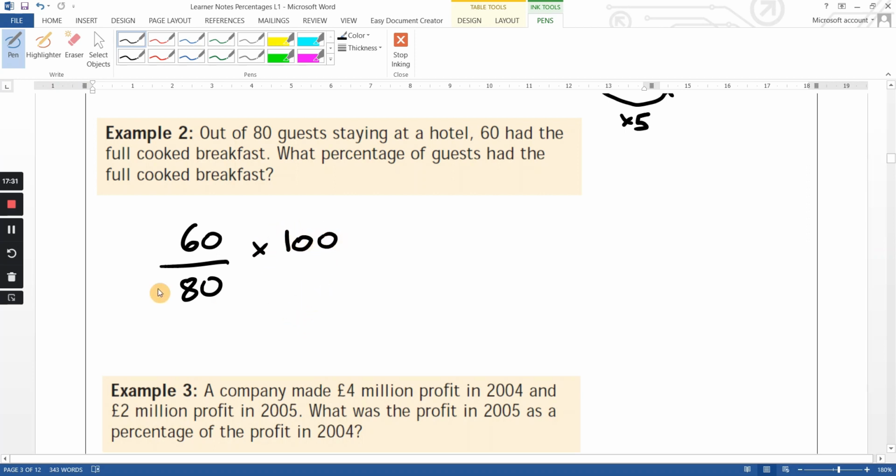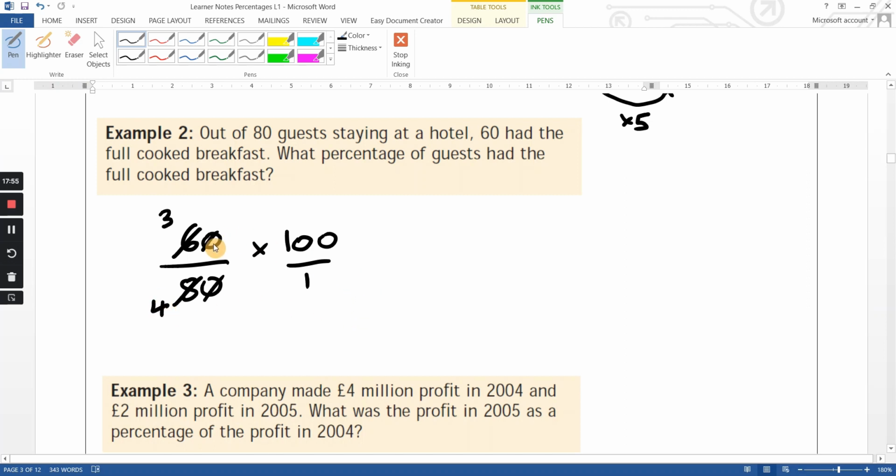So I'm going to simplify this. You could cancel these zeros here by dividing by 10. And again, you know, these numbers here, 6 and 8, you could simplify these. So 2 goes into that 3 times, and 2 goes into that 4 times.